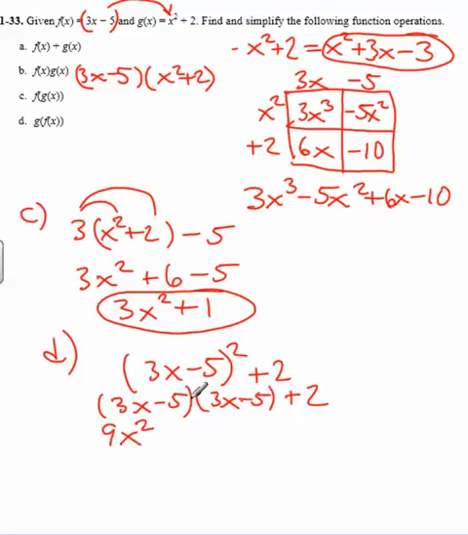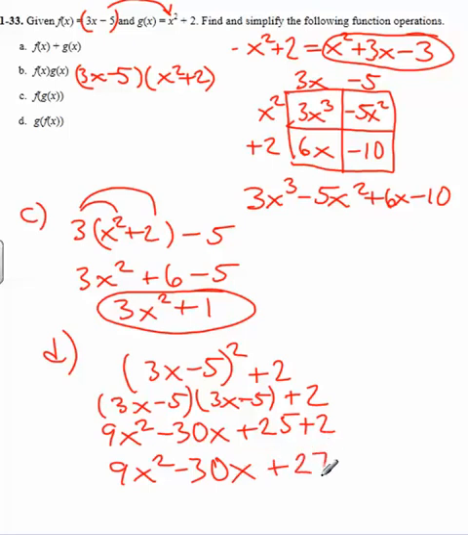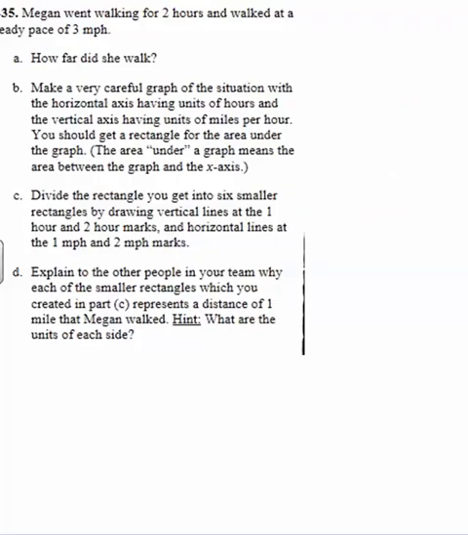This ends up being negative 5 times positive 3, negative 15x, and then there's 2 of those, so negative 30x. Negative 5 times negative 5, positive 25, plus 2. So we have 9x squared minus 30x plus 27.